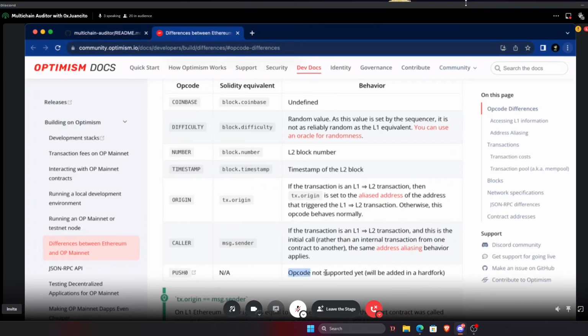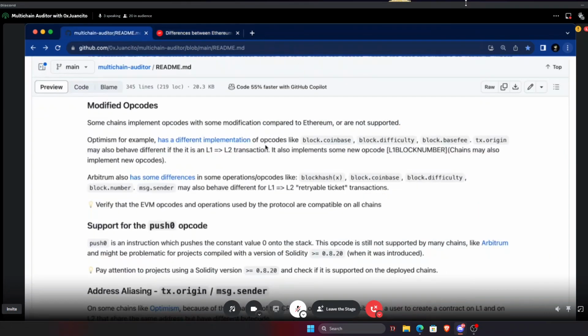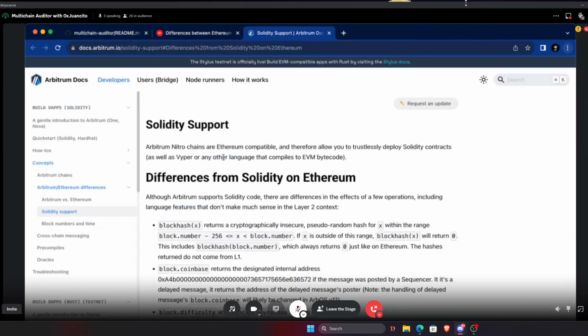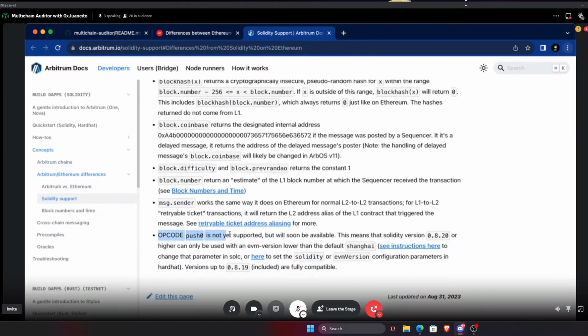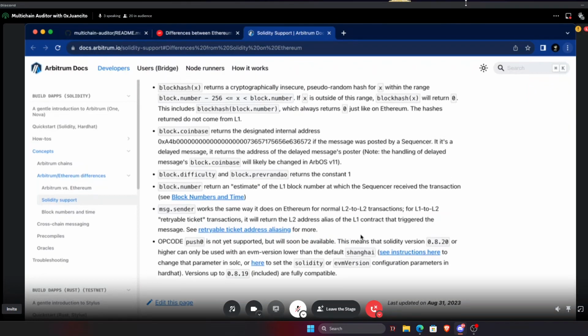For example, on Optimism, it was not supported. I think it might be supported now in Bedrock, but we can see that in Arbitrum, for example, this specific opcode, they still have that it is not yet supported. So if someone knows if I'm wrong here and they didn't update the docs, let me know. But what you should take into account is that you might want to pay attention to Solidity versions.